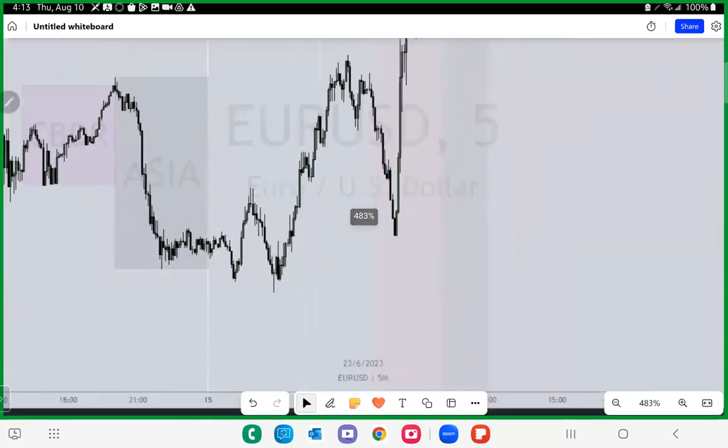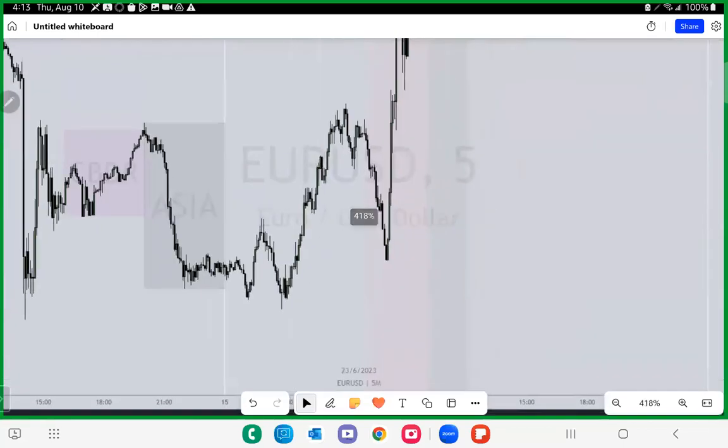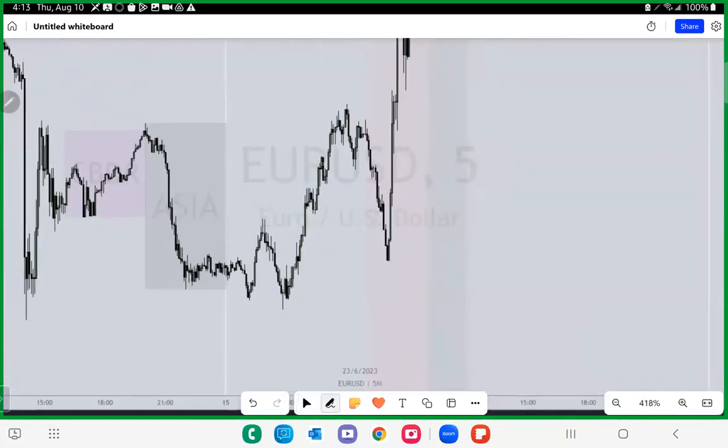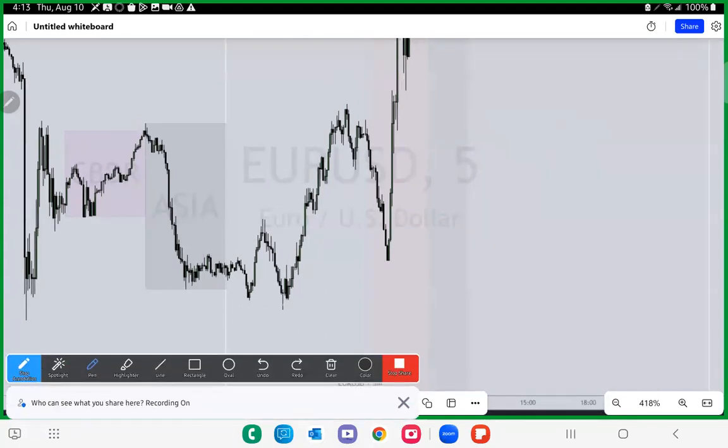Look at this example here, right? So here's an expansion within the London session, point A, point B. As we approach the New York open kill zone, we begin to see a decline or a retracement back inside of London's range. From there, what we have to do is look for our PD arrays. So we measure premium and discount of this range.